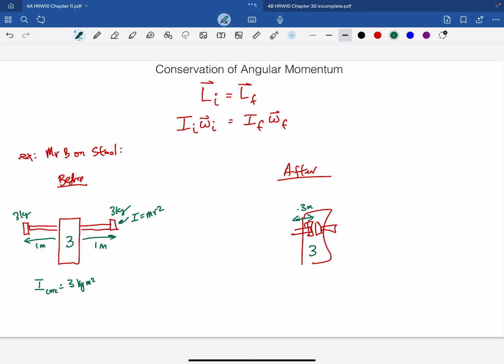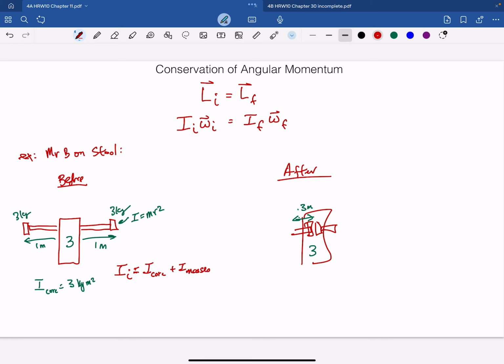So if I'm going to find my initial angular momentum, the moment of inertia, I need to add together everything in the system. This is the moment of inertia of the core, plus the moment of inertia of my masses.